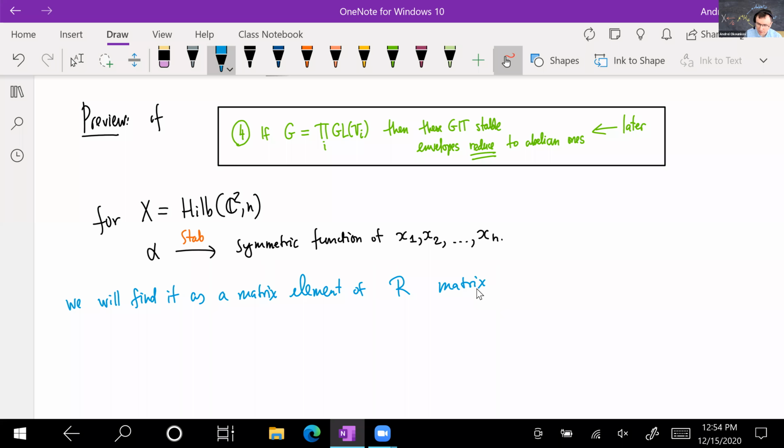Between what and what? So you take the R matrix in homology, I'm not going to write homology, I just write it as is, and then cross, and now we take shifts of rank n.